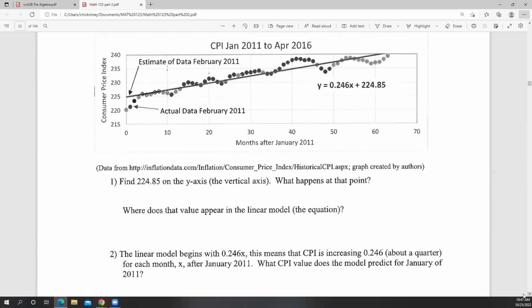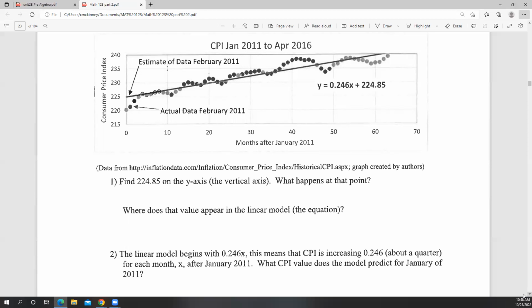And if you find it on the left, on the y-axis, that's at 0 months, right? So that is at the beginning, at the start. If they're saying January 2011 is the start, that's 0 months. Okay, so that is our starting CPI for January 2011.